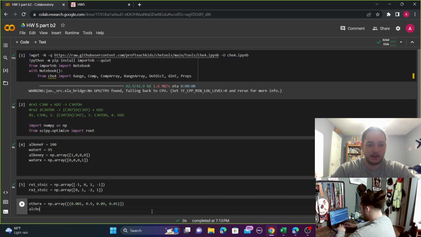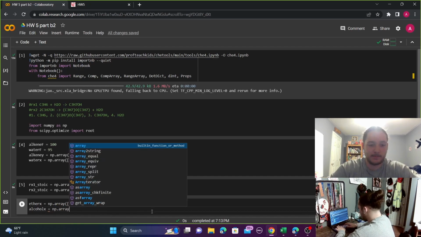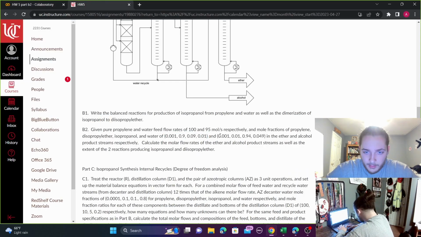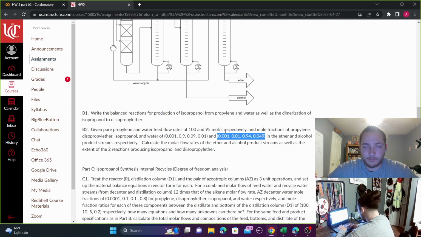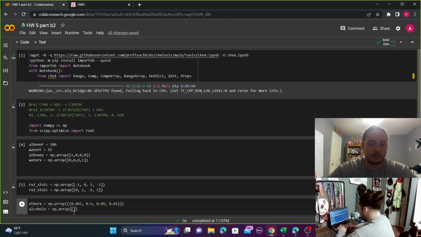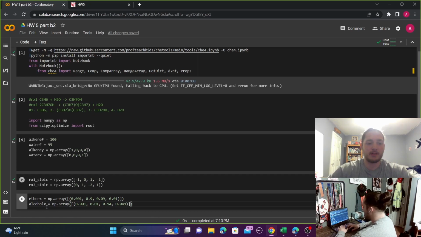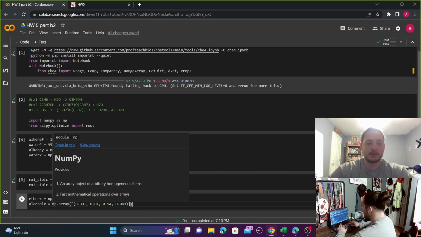Next we have our alcohol x, and that is going to be equal to np.array, and we can go back to our assignment. Control and paste that in. So now we have expressions for the amount of our ether and our alcohol in the solution.